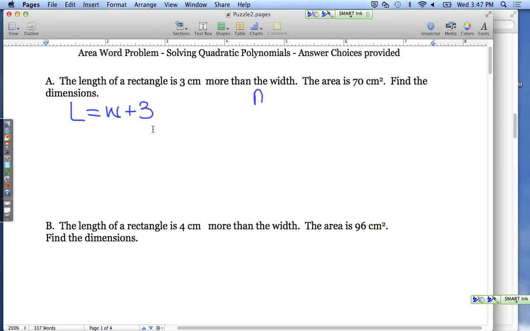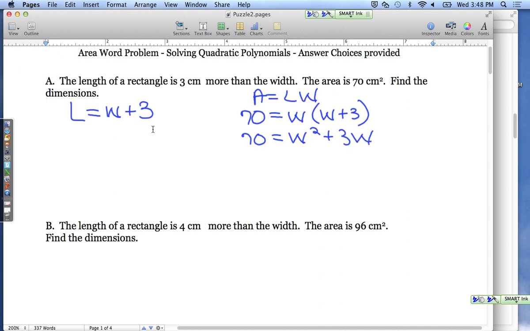So here's my formula for area. I replace the A with the number 70. I leave W in the equation and I replace the length with W plus 3. And then distribute this, clean it up, it's the same problem type. Now I set it equal to 0.